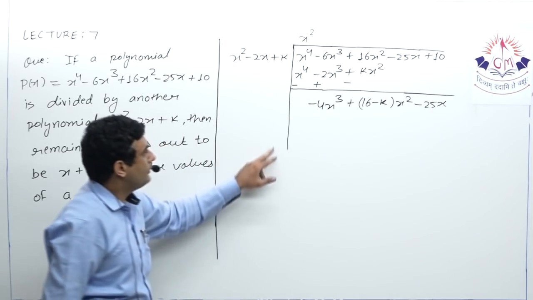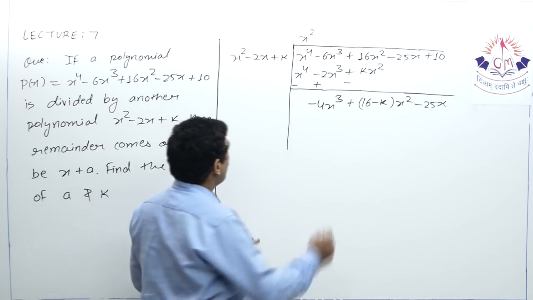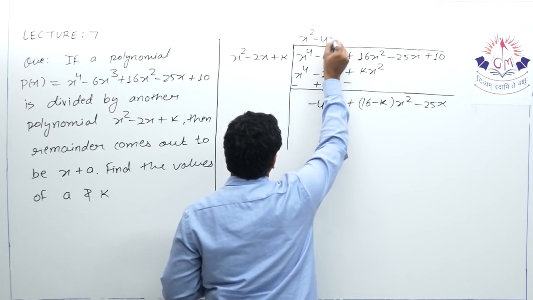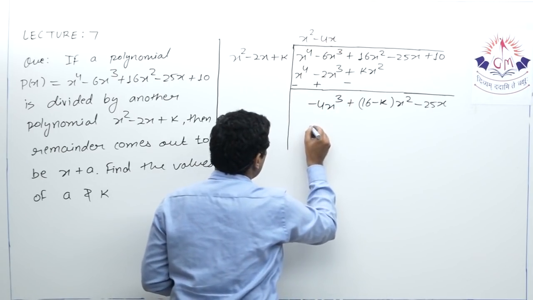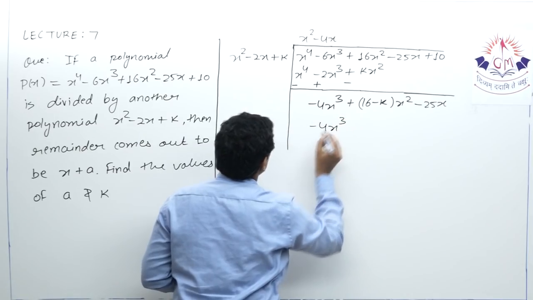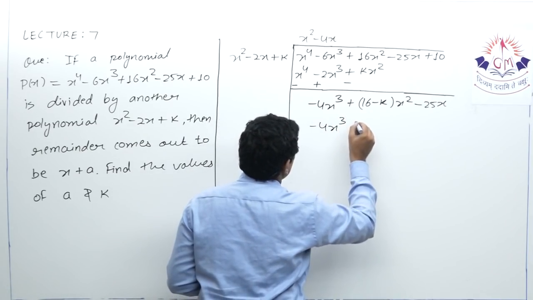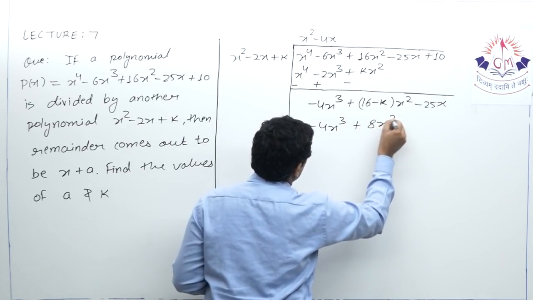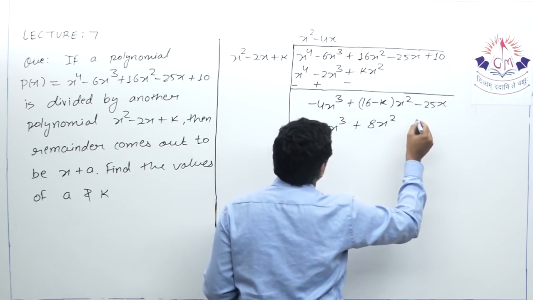Now the next term of the quotient will be minus 4x. So minus 4x cube, then plus 8x square, then minus 4kx.